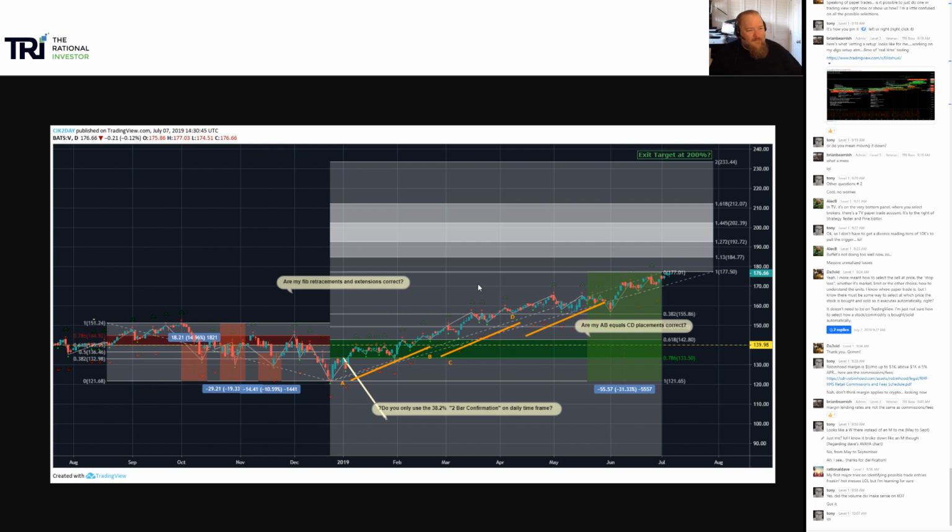All right, so let's take a look first at the fib retracements. I'm confused on what you've drawn here.